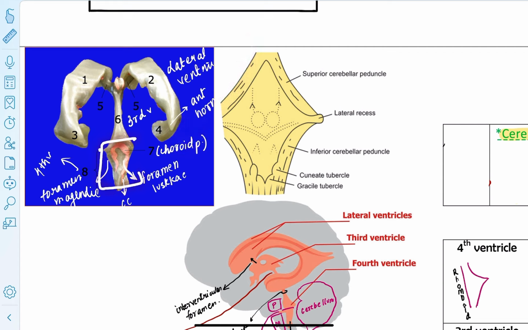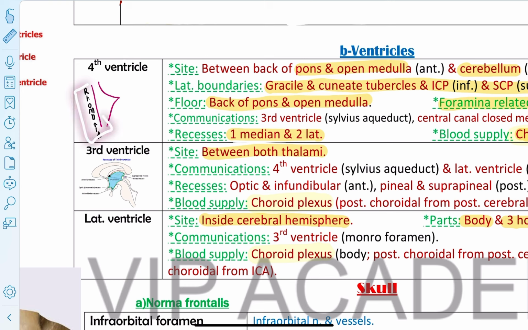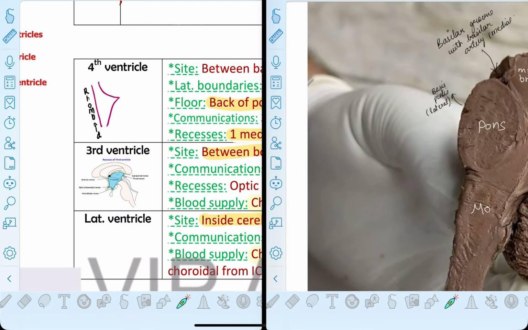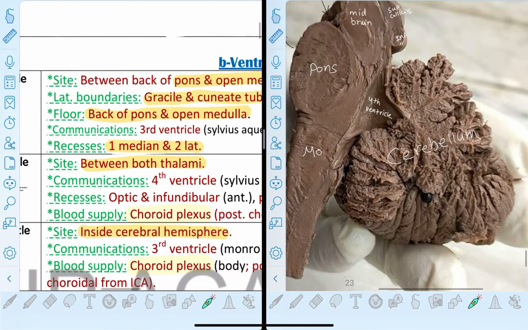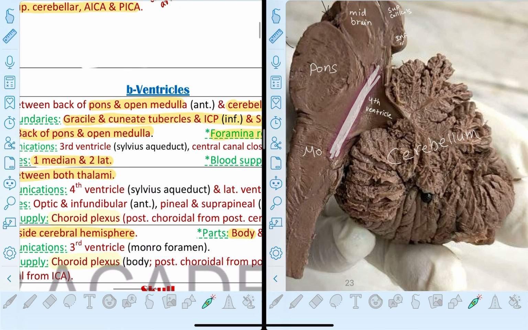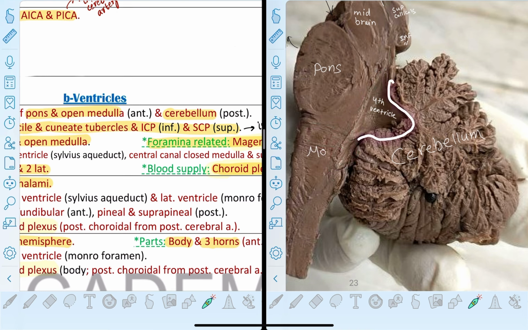This part, number 8, is the fourth ventricle. It's diamond shaped, so it's called the rhomboid fossa or rhomboid space. Now the site of the fourth ventricle is between the back of the pons and the open medulla anteriorly, and the cerebellum posteriorly.